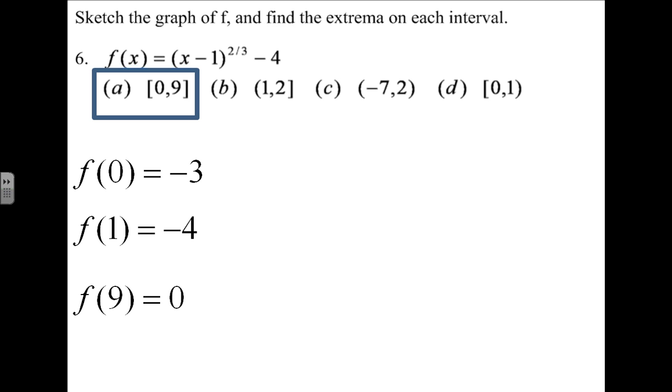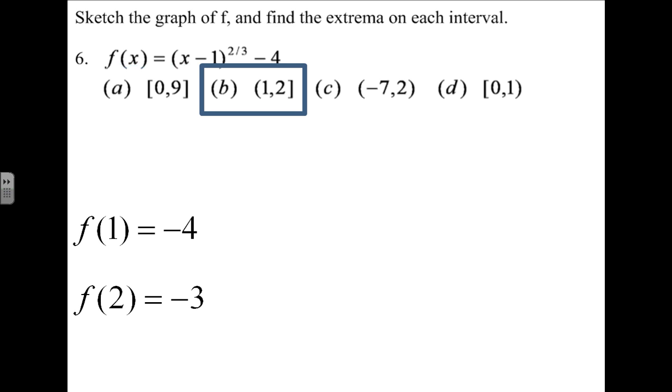Negative 4, negative 3? I don't know if negative 3 is going to be a big one or a little one, do you? Wait, do we calculate 1? I think we need to go to the graph. Well, yeah, you got 1 from the previous one.